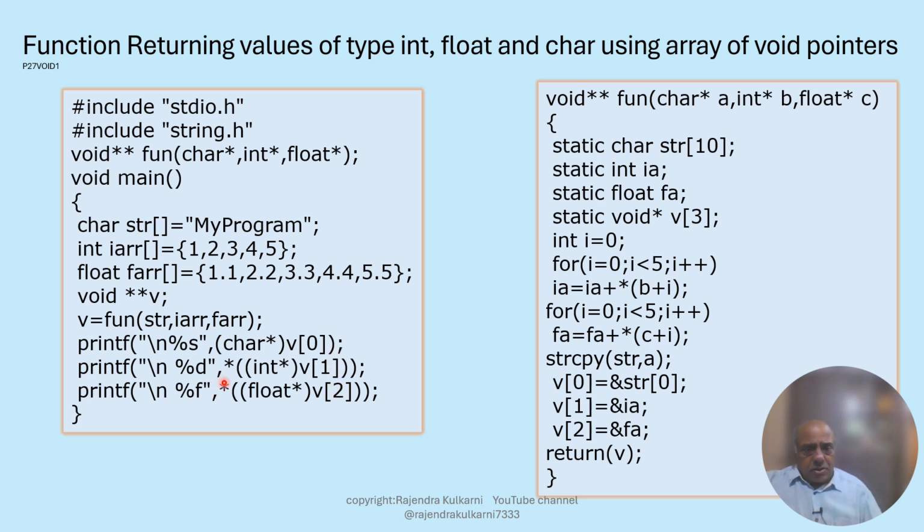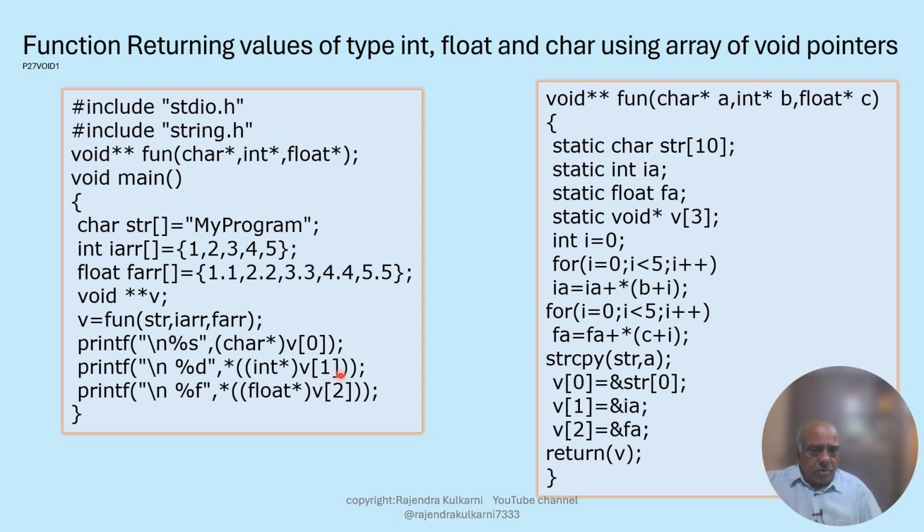Then star of int star V subscript 1, what it is doing is the address contained in V1. V1 is the element number 1 of array V that contains an address, but what data type that address is pointing to is not known.